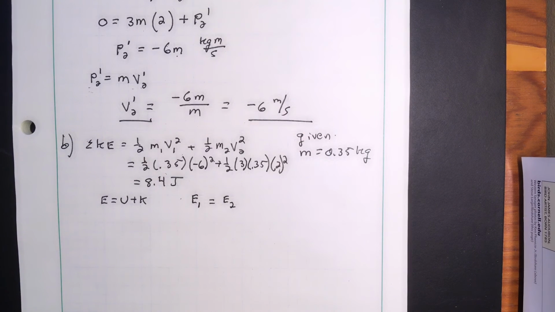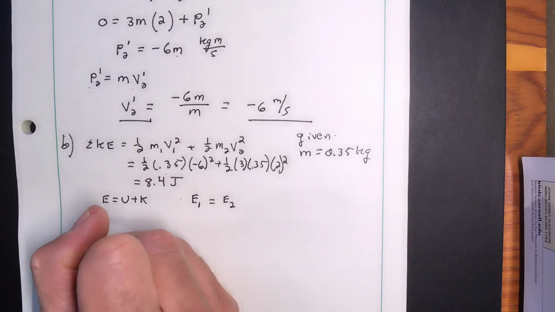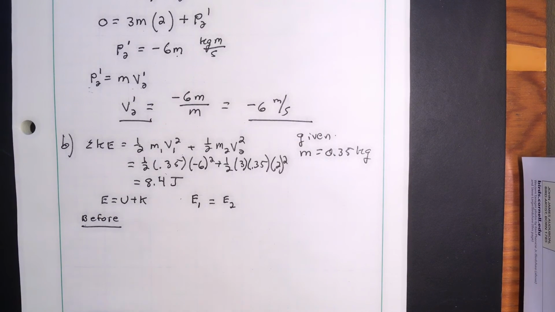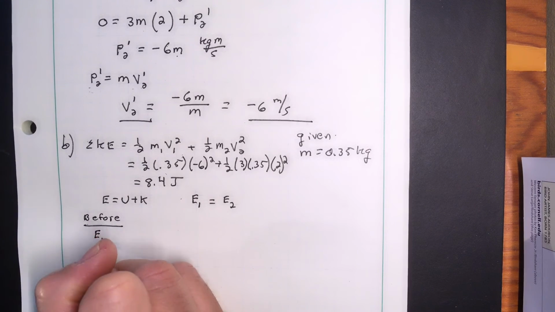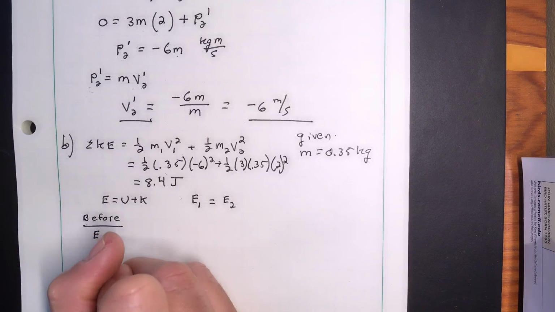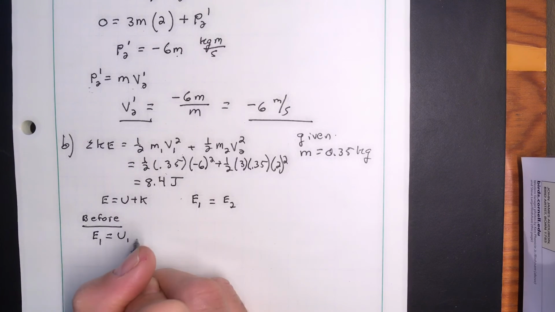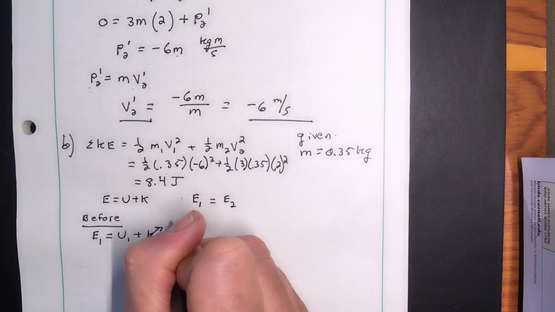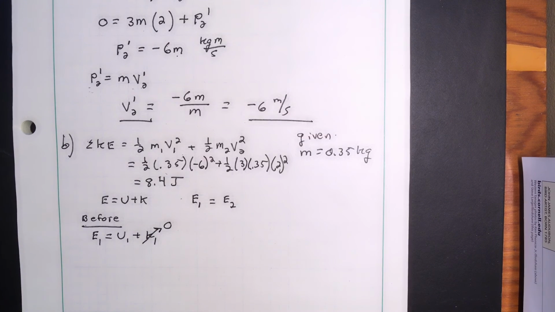All right, so before the string is cut, the energy of the system, we're going to call E1, is the potential energy in the spring plus the kinetic energy. But that's 0 because this thing's not moving. All right, it's at rest.